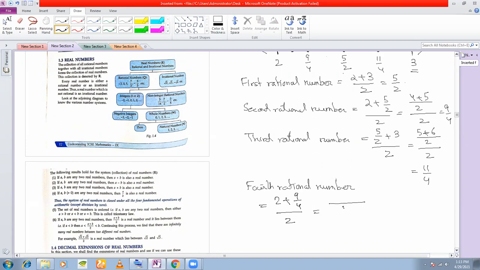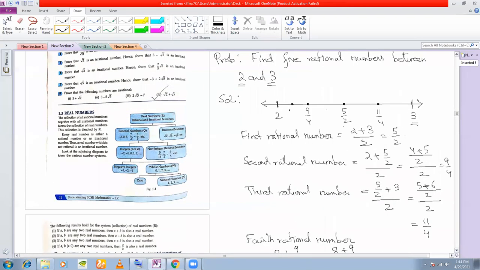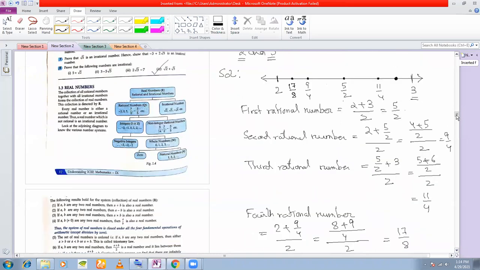Now again you take the LCM, you get 8 plus 9 divided by 2. So this is 17 divided by 8. So here you have 17 divided by 8. And now you choose a point between 11 by 4 and 3. This will give you your fifth rational number.